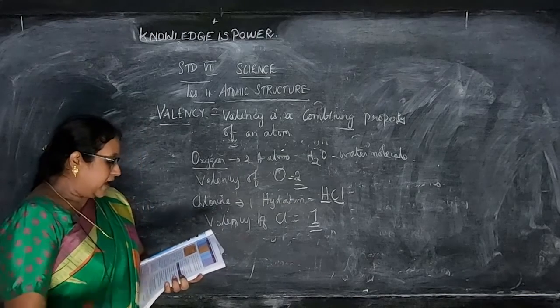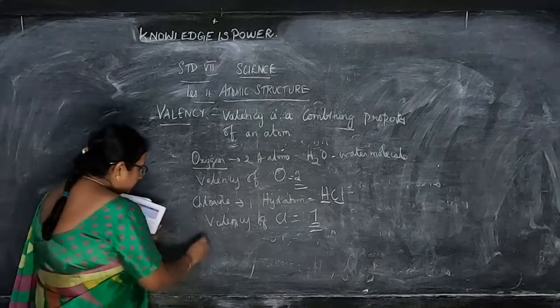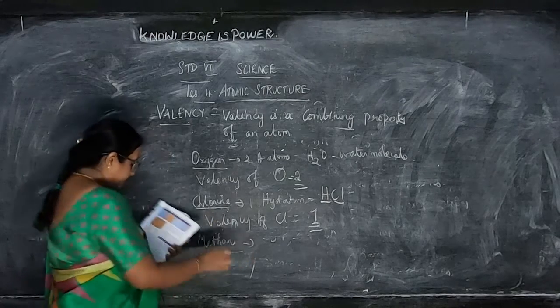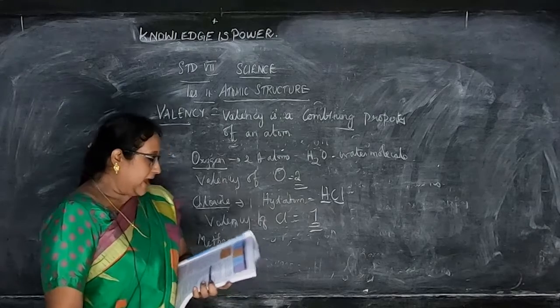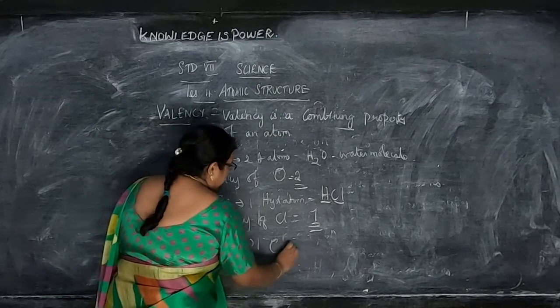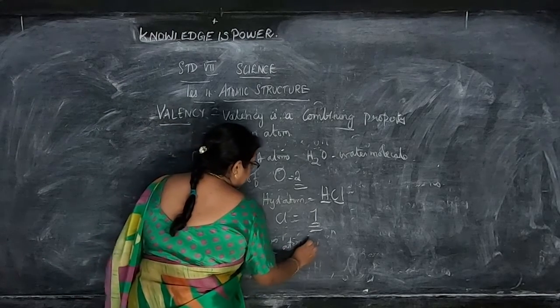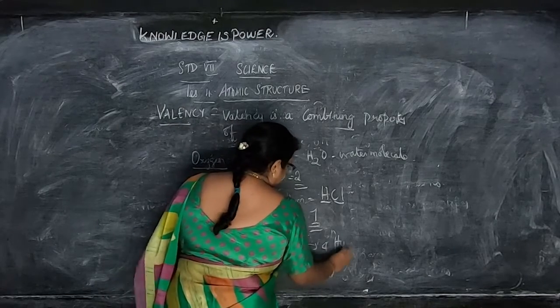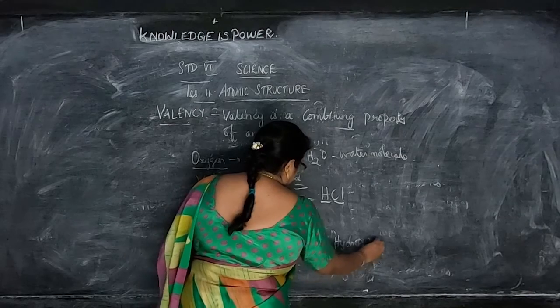Now next, we'll go to the methane. So next is methane. In this, 1 carbon atom combines with 4 hydrogen atoms.